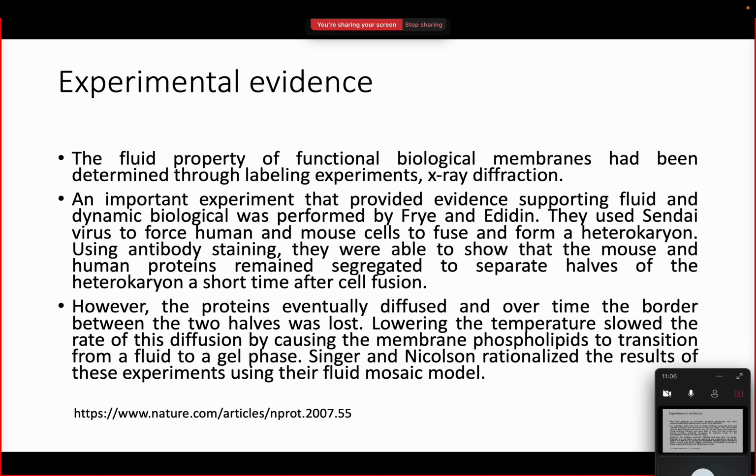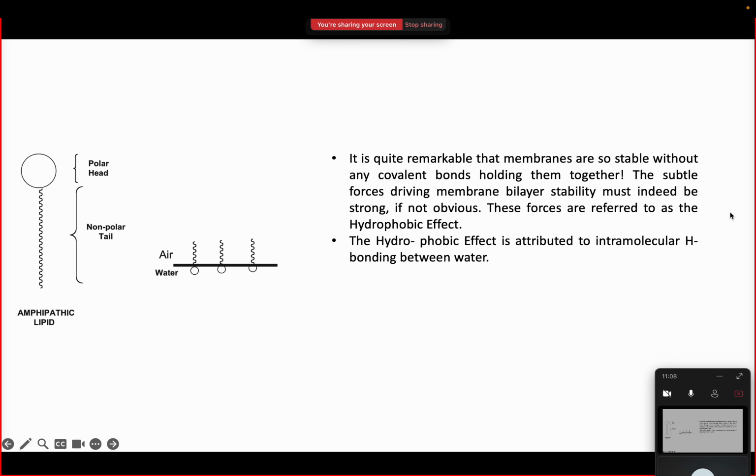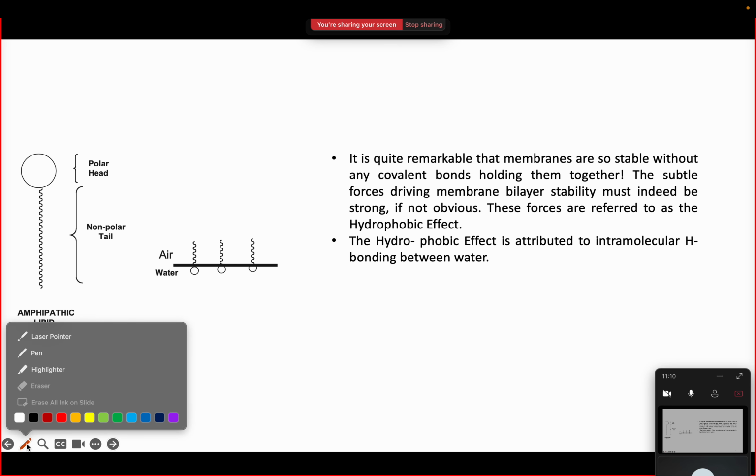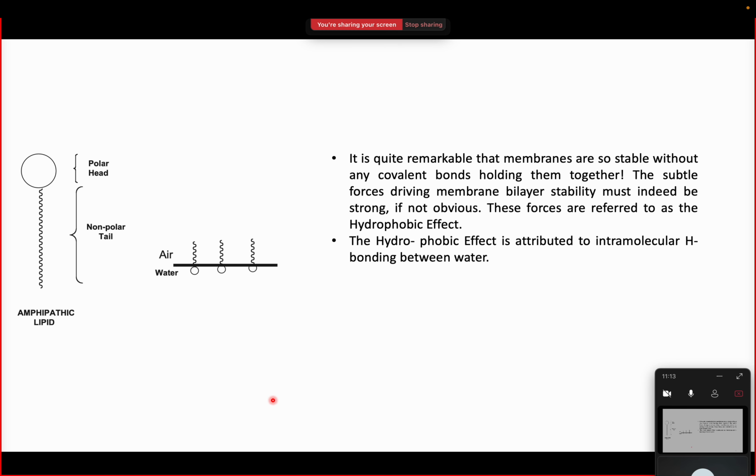Okay, so now it is pretty clear that the membrane has three major components, that is lipid, protein, carbohydrates, and sterols like cholesterol, right? So today we're going to dedicate our discussion to lipids itself.